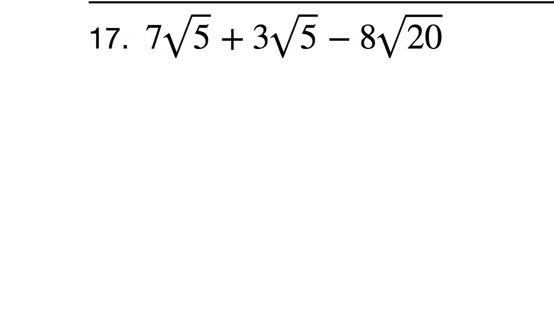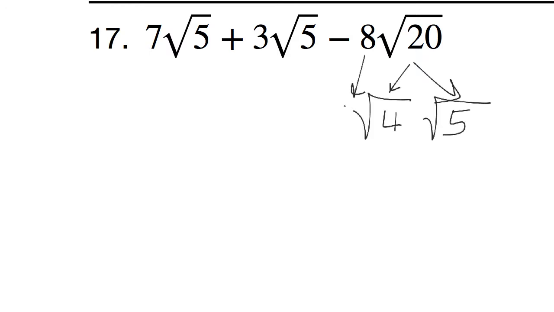Next problem, we've got to combine the like terms, and this might not look like a like term to begin with, but I think if we find the perfect square factor, the largest perfect square factor of 20 is going to be 4, and 4 times what is 20? That's 5. Bringing down the 8, it's there.